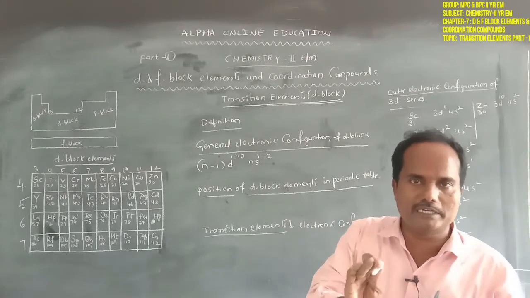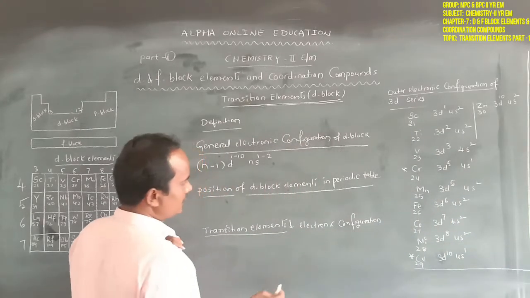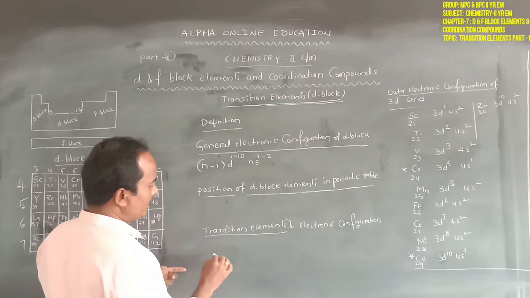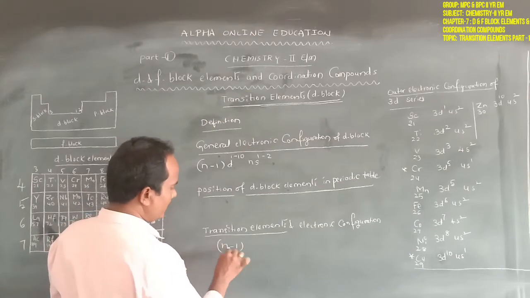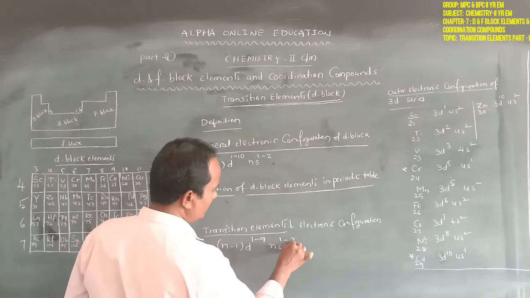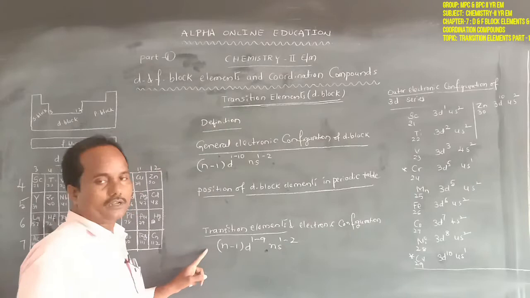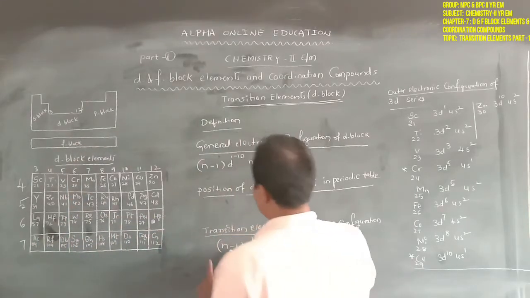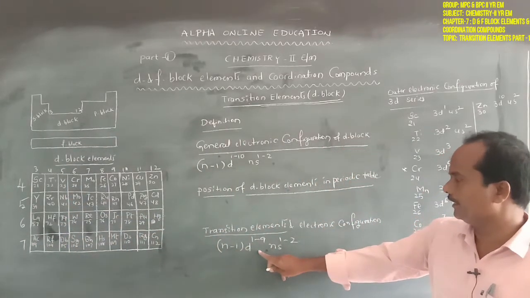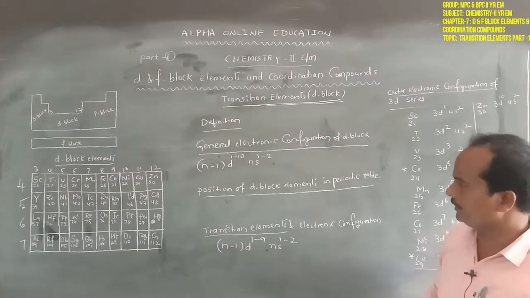Their general electron configuration is (n-1)d 1 to 9 ns 1 to 2. Incompletely filled n minus 1 d orbitals containing d block elements are called transition elements.